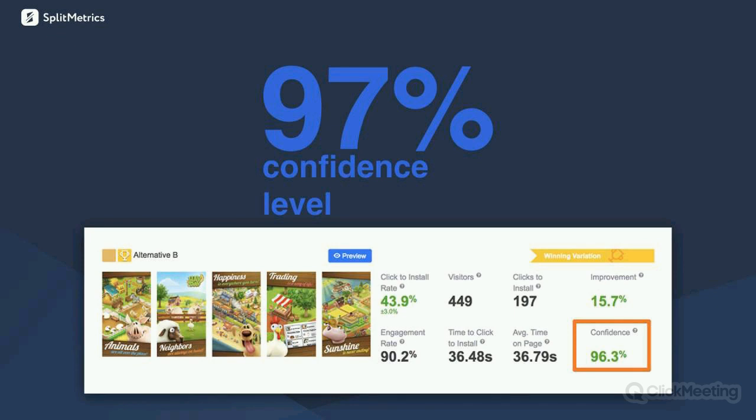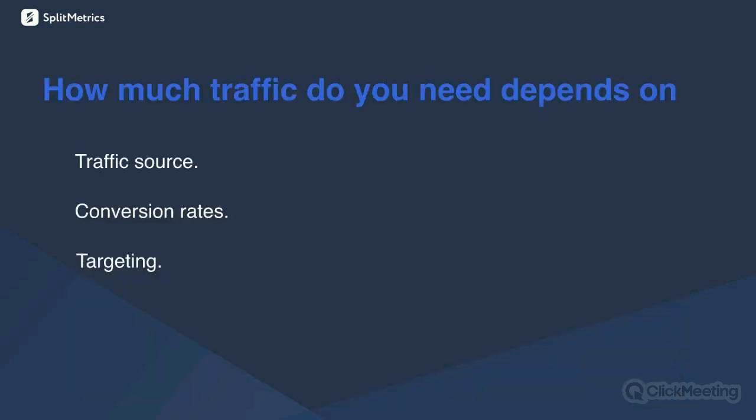For example, a 97% confidence level indicates that the result of the test will hold true 97 times out of 100. So the next question is, how much traffic do you need to run a meaningful experiment and to achieve this confidence level?